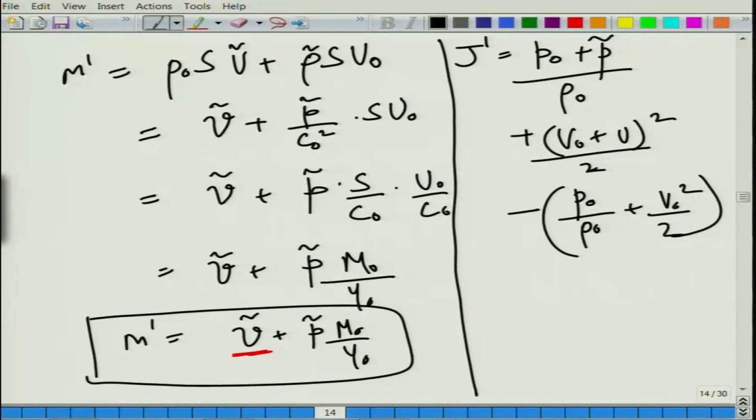Now we need to do some algebra, but I will skip that because we have already done it in the last class. The entire idea is about cancelling terms. These terms will cancel away, this term will be retained, and some second order terms will drop out. So, with simple algebra, we get p tilde by rho naught plus u naught times u tilde, exactly what we saw in the last class.